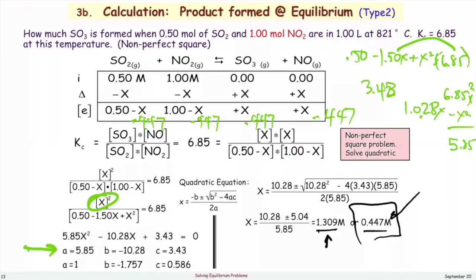So our x term is 10.28, our c term is 3.43, and our a term is 5.85. We get all these by distributing 6.85. You have to distribute that. It would be on the other side of the equation. You wouldn't just subtract it? Because that's what I did, and that's why I got different values altogether.